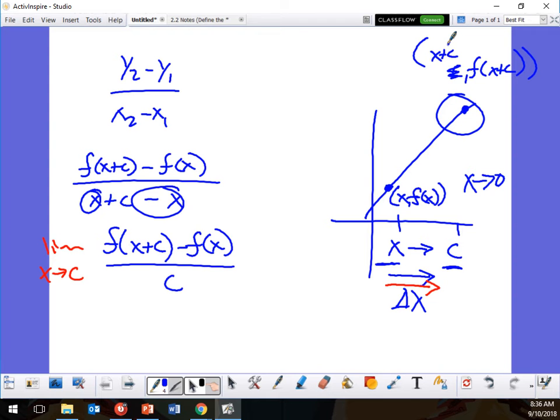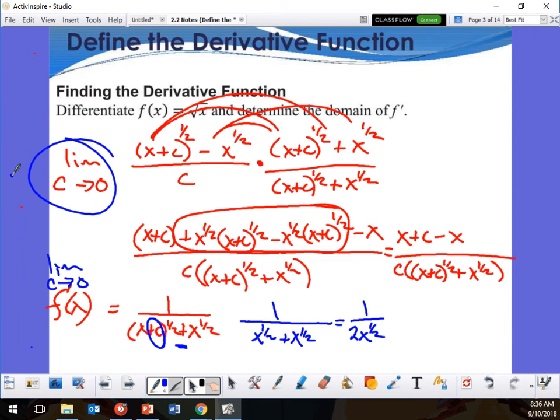Alright, so does that make a little bit more sense? Whenever I'm trying to do this, I'm using the limit process here. I'm always taking the c to 0, because I want this to be 0. I want there to be no distance in between my x and my c value.